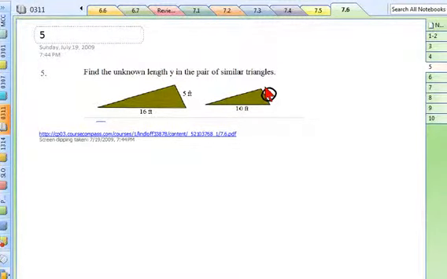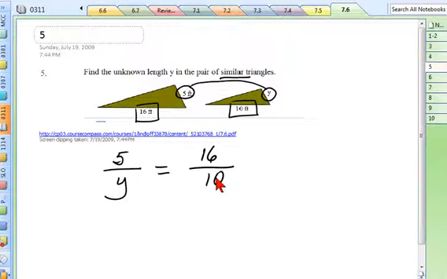So, there's more than one way to do this, but I do corresponding parts. I say 5 feet is to y as 16 feet is to 10 feet.